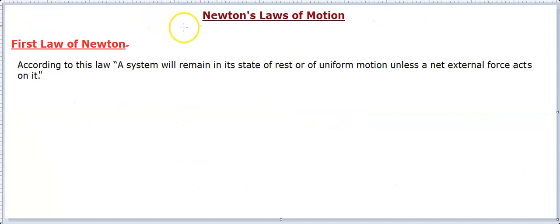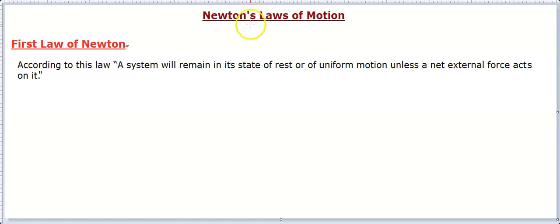Now let's move towards Newton's laws of motion as a concept. This chapter is also known as Newton's laws of motion, and it includes so many things. Now we will be precisely focusing on what Newton's laws of motion are. As you know, there are 3 laws of motion given by Newton, right?